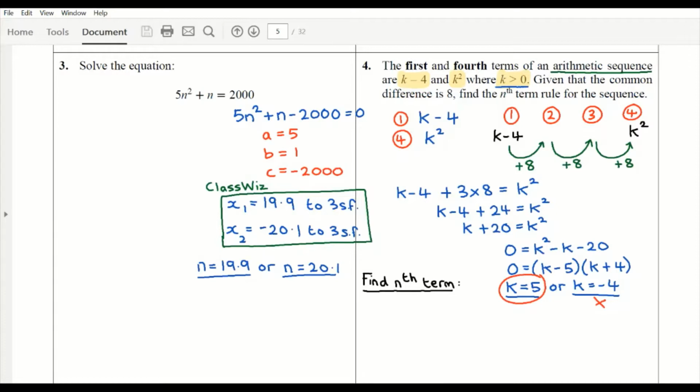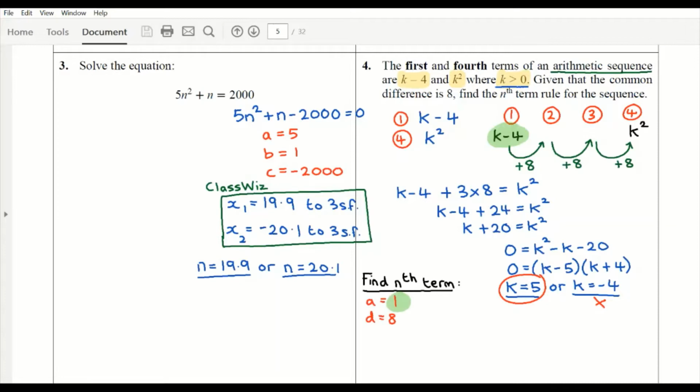So I know the common difference is 8. That was given to us in the question. So I just need to jot down what the first term is. So my first term is going to be k subtract 4, which is here. Okay, we wrote it down earlier. There's my first term. So I have to put that in here. Now, if we know k is 5, 5 subtract 4 is just going to be 1. So this is just going to be 1.